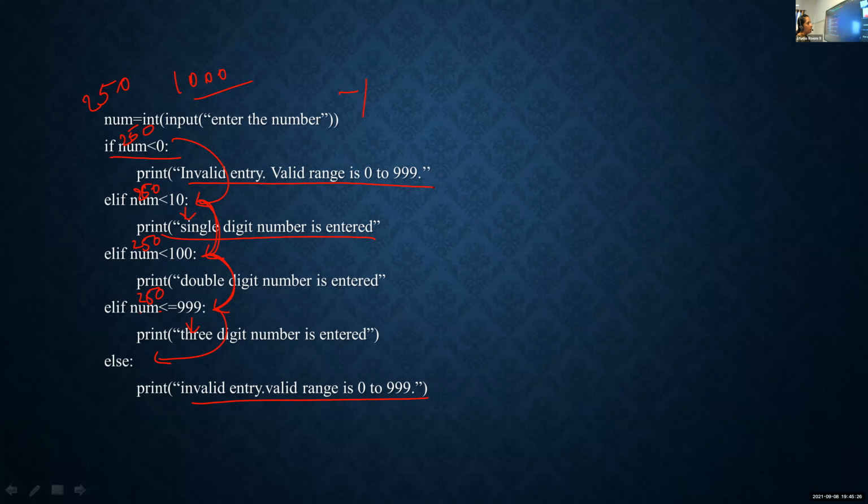So you want to enter the percentage and check: if percentage is greater than or equal to 85, grade is A. If percentage is greater than 70 and less than or equal to 85, grade is B.